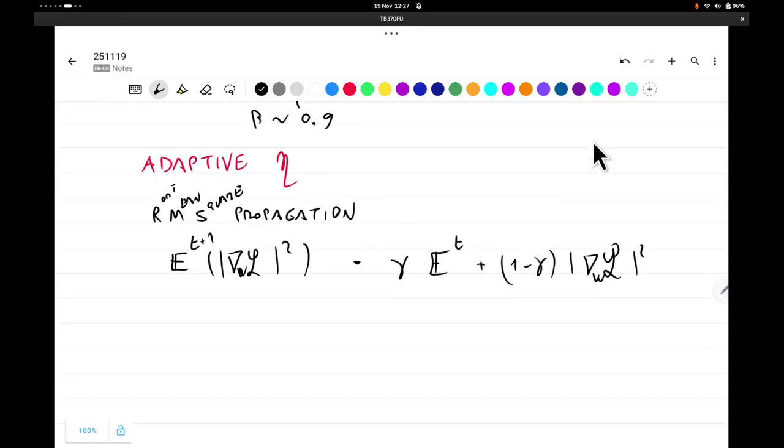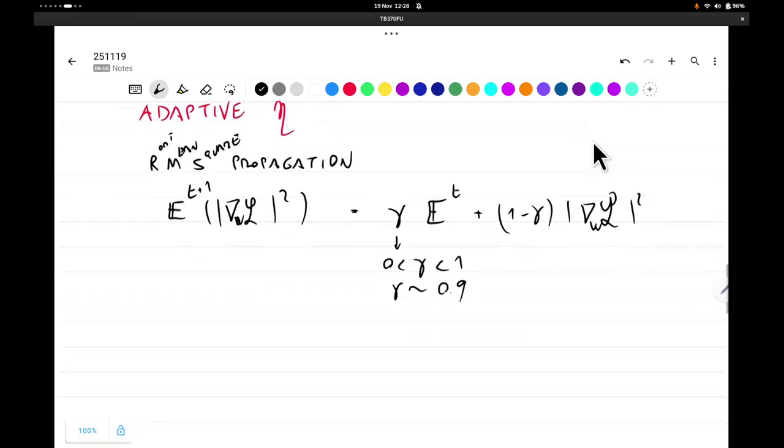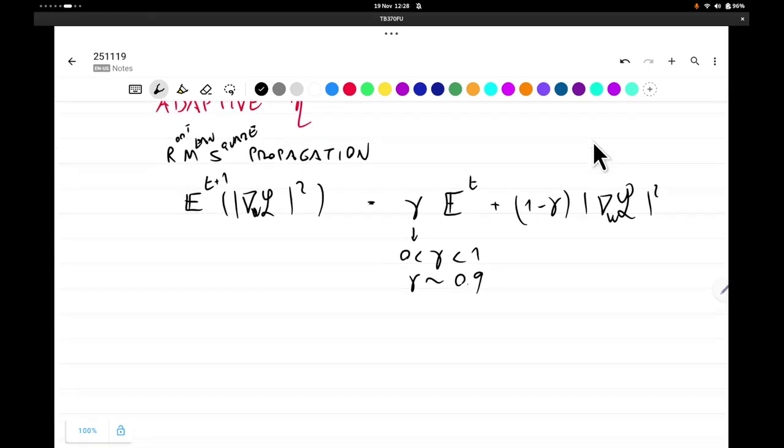Again, we make a linear combination between the previous, and this gamma is between 0 and 1, and again a typical value will be somewhat largish. So we try to be conservative essentially, and not react too much to the new information. This would be the gradient at that time step t in the optimization.